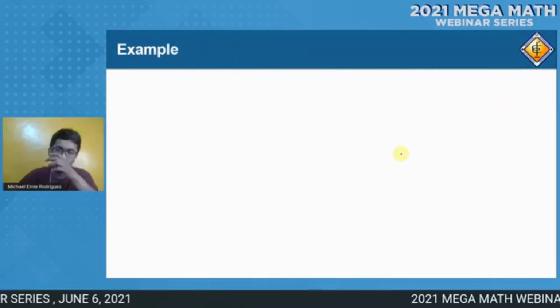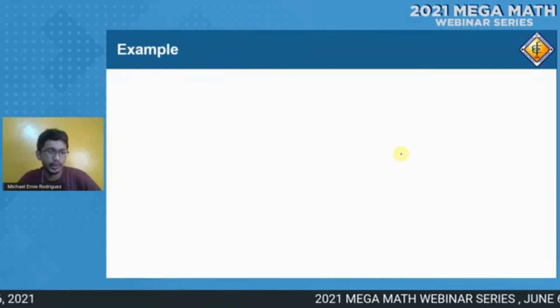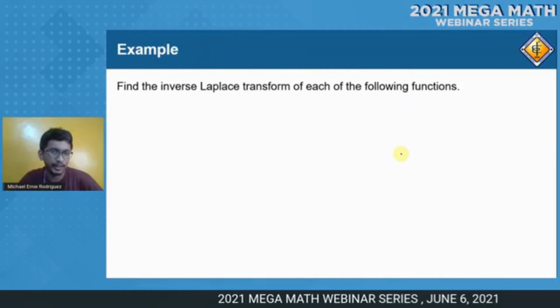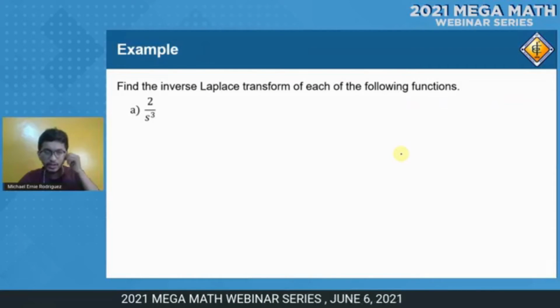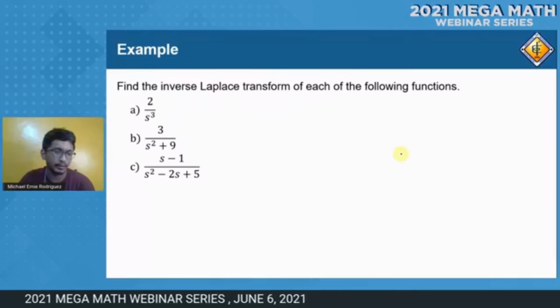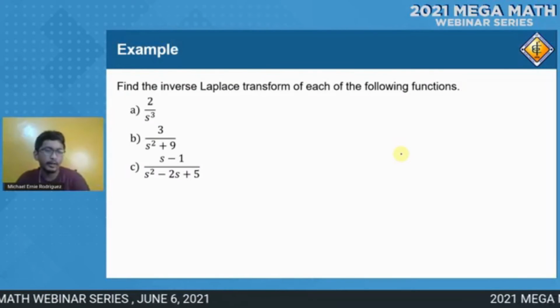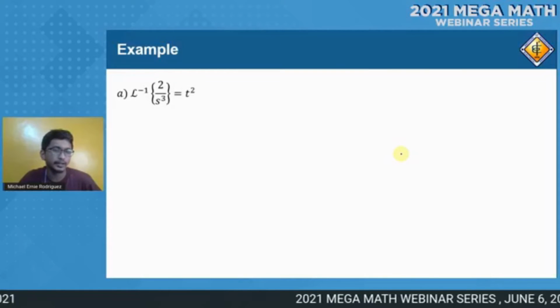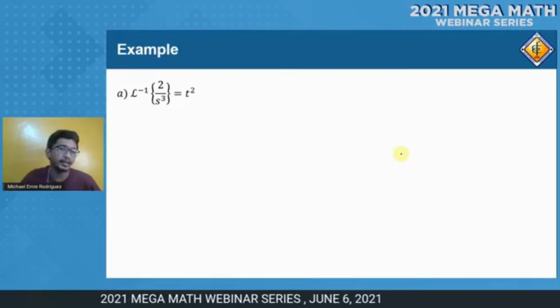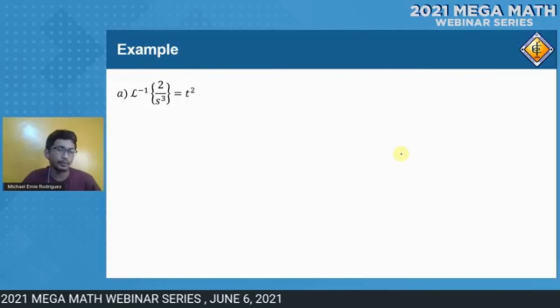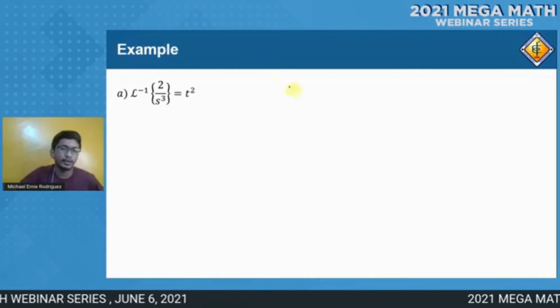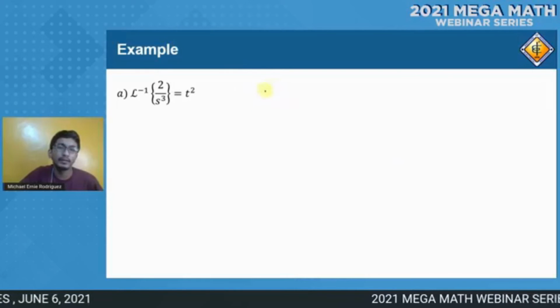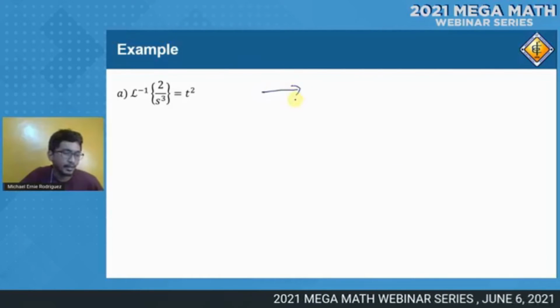Okay. So example for this one, find the inverse Laplace transform of the following functions. Siguro, ito, we have 3. So from this 3, first, ito, inverse Laplace transform of 2 over s cubed. So ito, nandun to sa formula number 3.